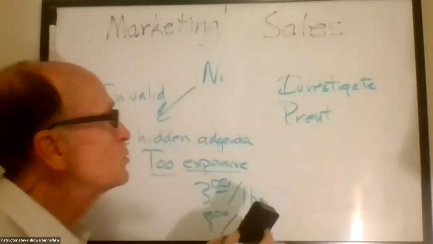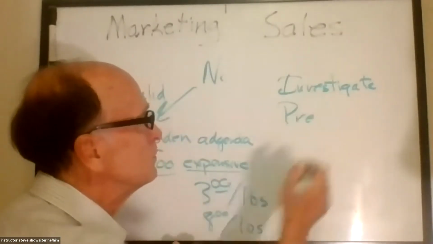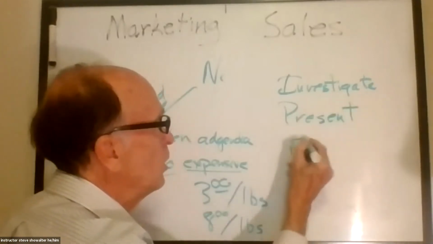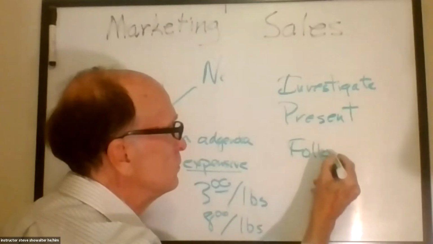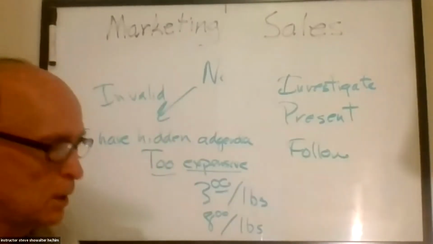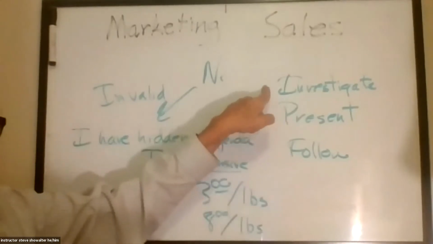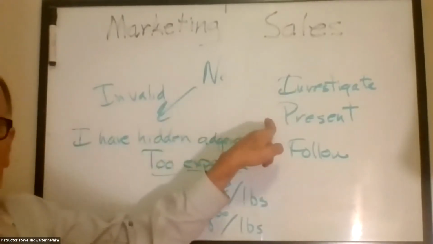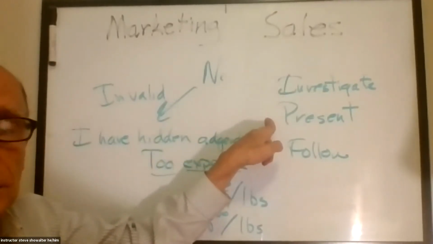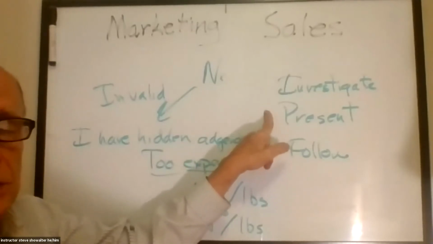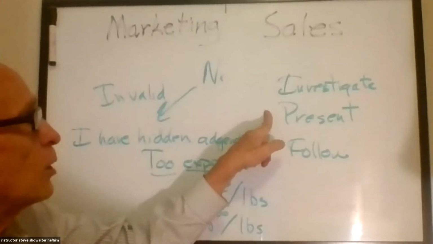If I could spell, this would be better. Okay? When you begin the process, if you can't investigate, you can only present. But if you can get a response back from this presentation, that's the best part.